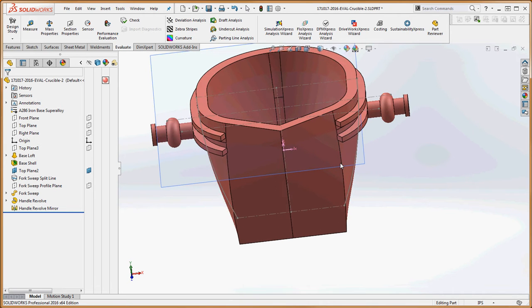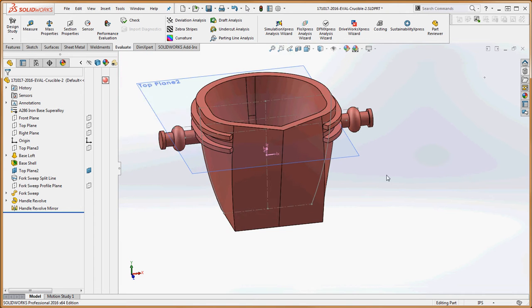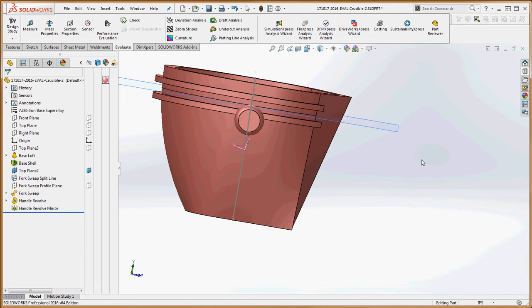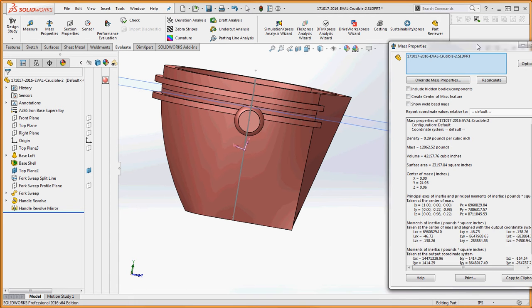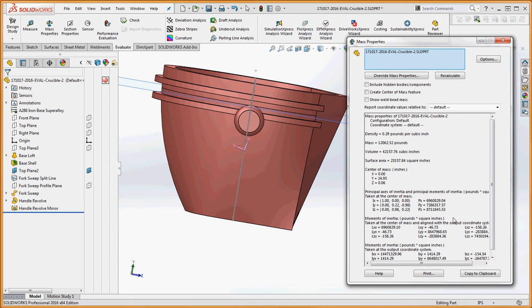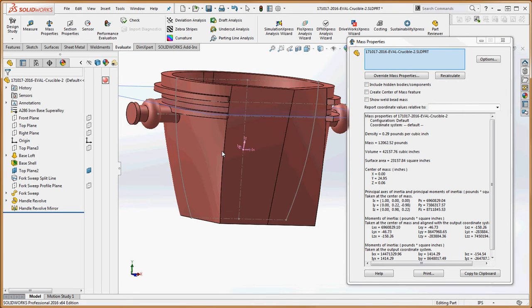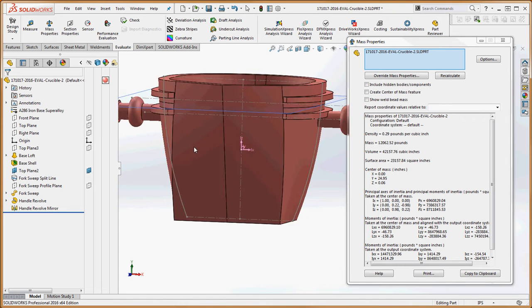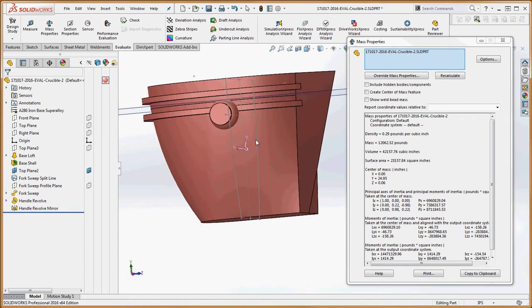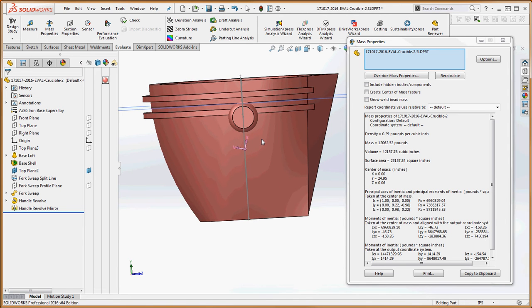What I'm looking for is having mass properties that are pretty close, within about 30 pounds, one way or the other. I think if we do that, it's pretty obvious you got something that's really close. One thing to note here too, as long as we have the mass properties dialog box open over here, you notice that we do have a symbol in the middle, and that shows you where the actual center of mass is. What I was trying to do, both on the right plane and the front plane, is get that as close to the middle as I could.